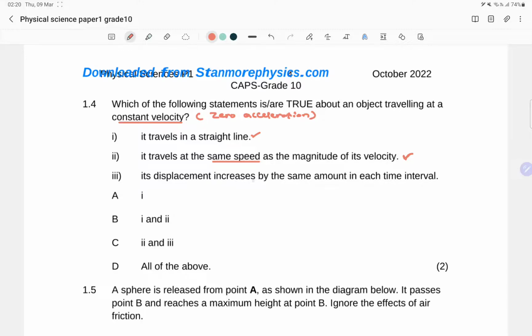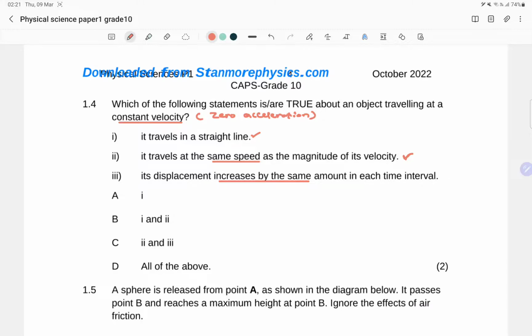Its displacement increases by the same amount in each time interval. Of course, it increases by the same amount. That is true. Okay, in each time interval. And we know that displacement, or should we say distance, when we are doing constant velocity.